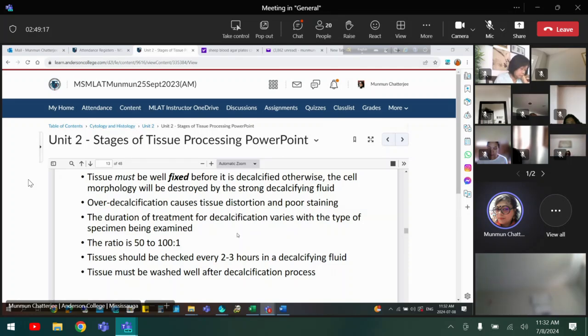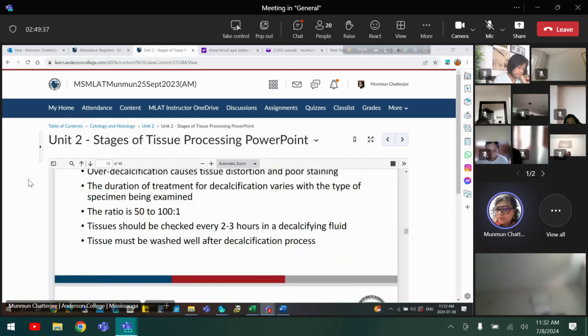That's why for different types of specimen, you have different types of decalcification time or concentration. Decalcification varies with the type of specimen being examined. What is the ratio? It is 50 to 100 to 1. So tissue should be checked every 2 to 3 hours in a decalcifying liquid. Tissue must be washed well after the decalcification process to remove all the decalcifying fluid.